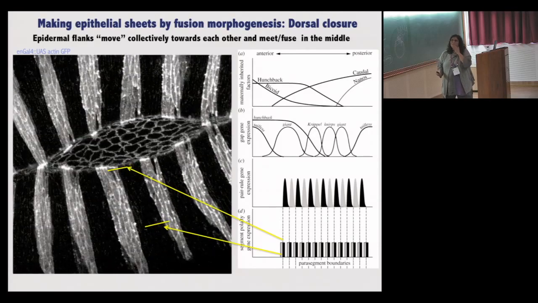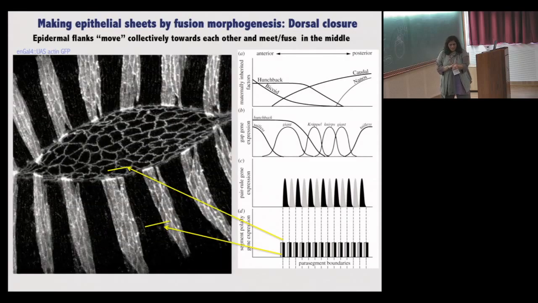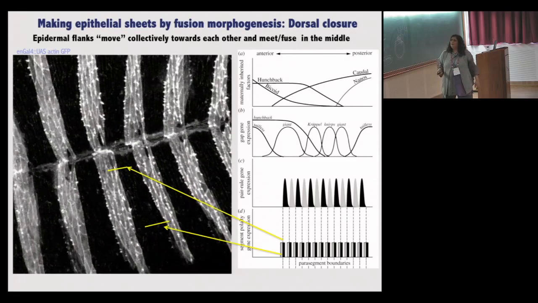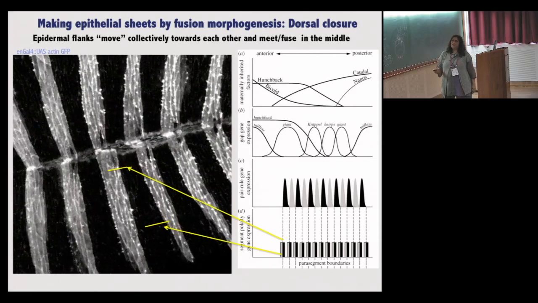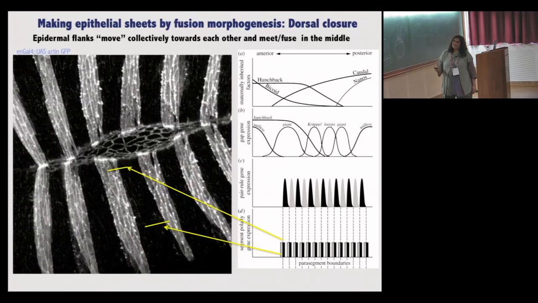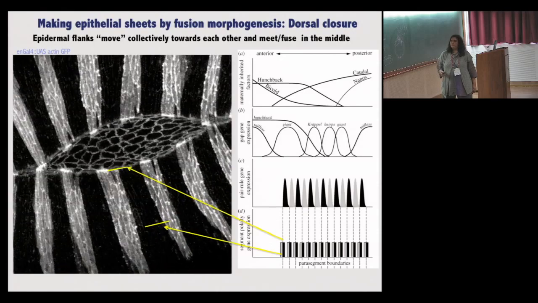So you can think of this in the same way as you think of a wound. If I make a cut in my skin, the two edges of the skin will gape, and then something will come and fill that space in the middle that will actually help bring the two edges together. But the cells themselves also need to do things to allow them to come close to each other.